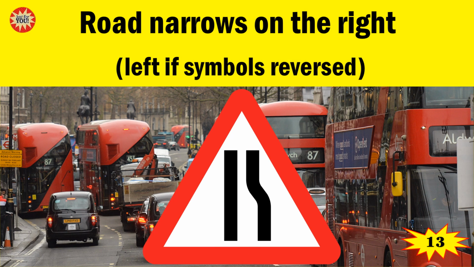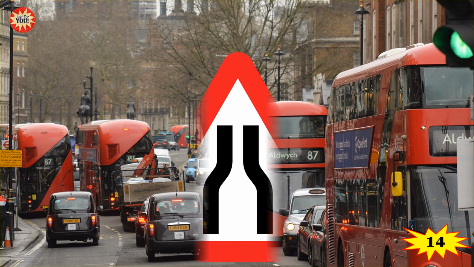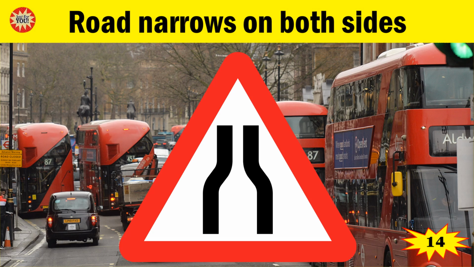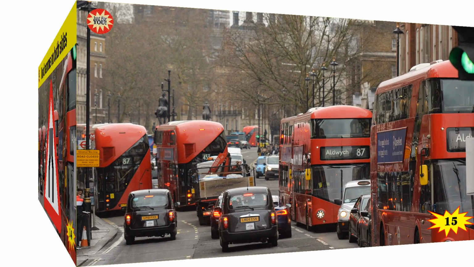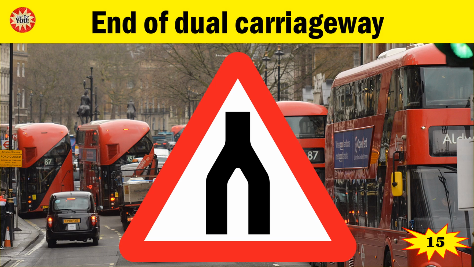Road narrows on the right. Left if symbols reversed. Road narrows on both sides. End of dual carriageway.